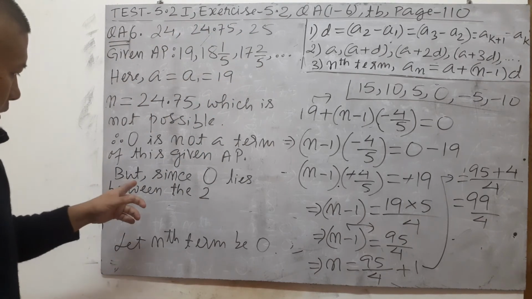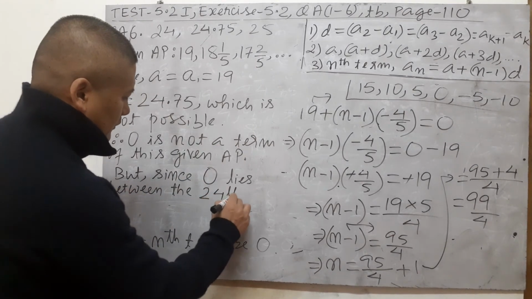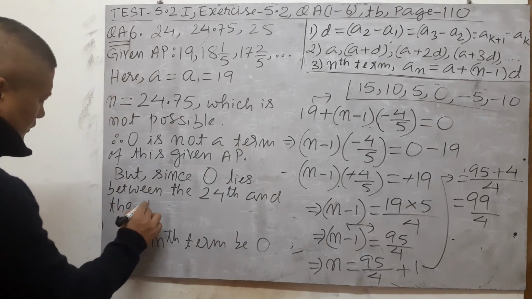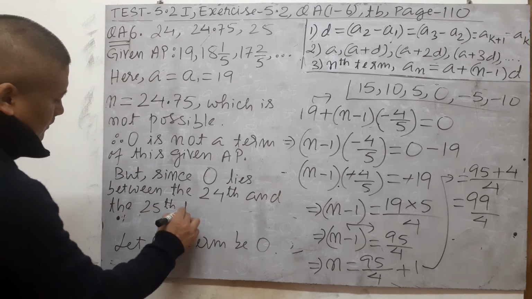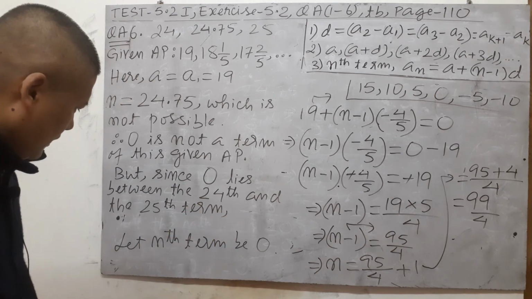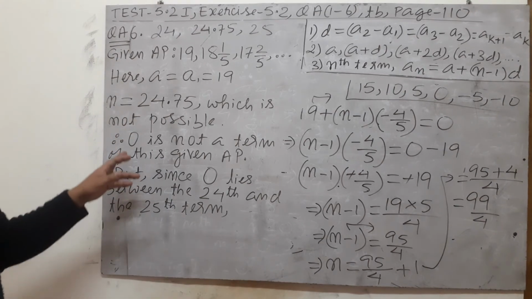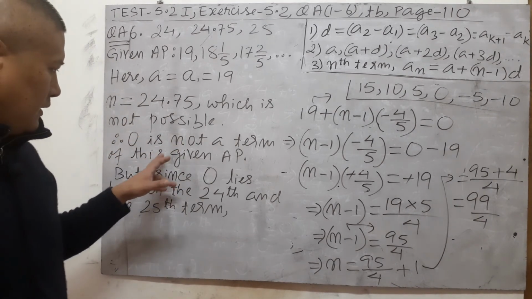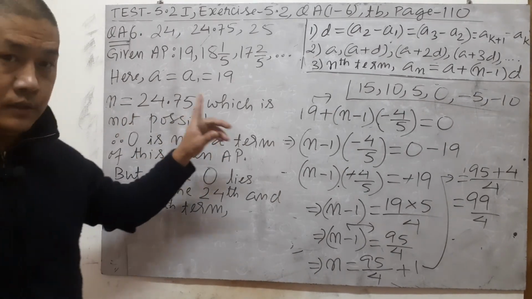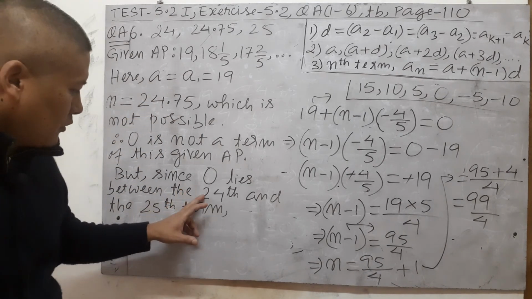So we can write that since 0 lies between the 24th and the 25th term, even though 0 is not a term of this given AP, theoretically speaking, if it were a term, then it will be between the 24th and the 25th.